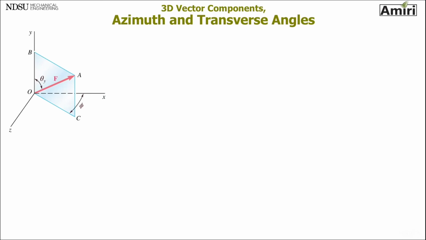But here I have an angle with the Y axis, but I don't have an angle with the X axis or Z axis. So I don't have coordinate direction angles. What I have is called azimuth and transverse angle. But what I like to call it in my classes is the shadow method. Okay, I'll explain to you why.